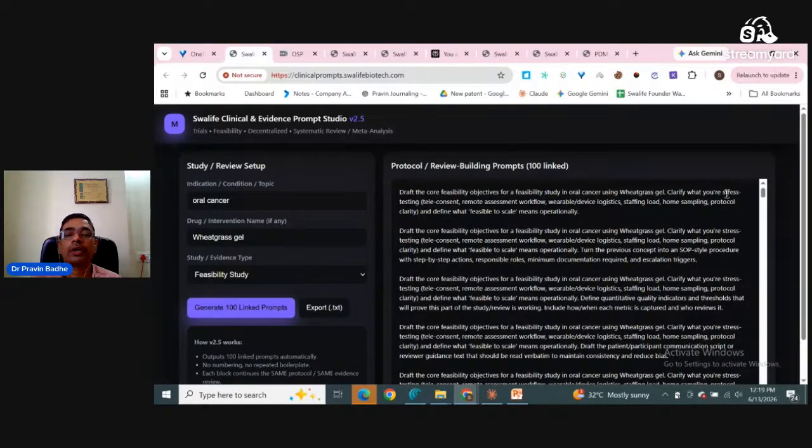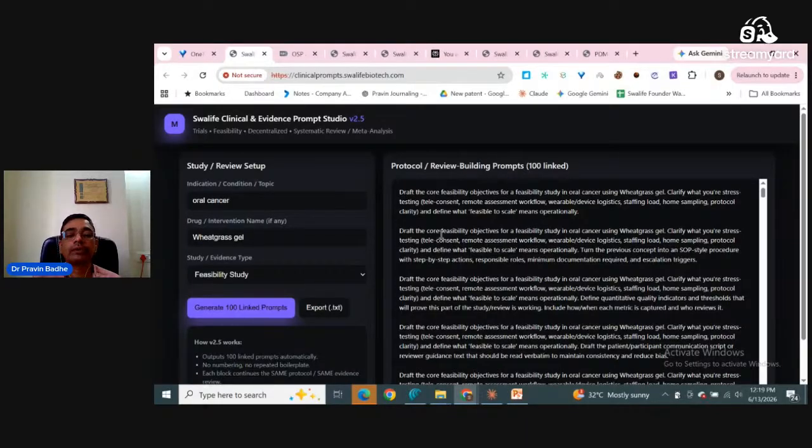Clarify what you are testing, tele consent, remote assessment, workflow, variables, staff loading, all other information, and define what feasibility to scale means operationally. So that prompt I'm going to get, I will copy this and I will utilize in the large language model, and it will give me the information about the oral cancer and wheatgrass.